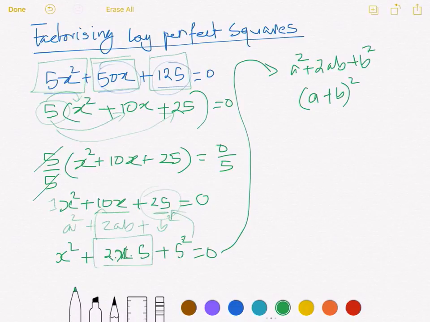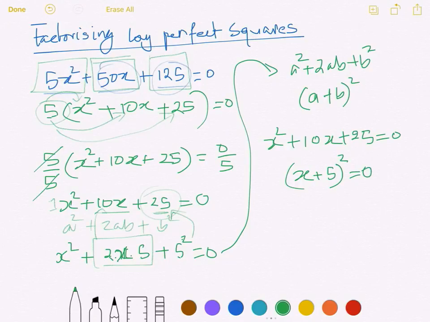So similarly, our x squared plus 10x plus 25 will be the same as x plus 5 whole squared, which will be equal to 0.